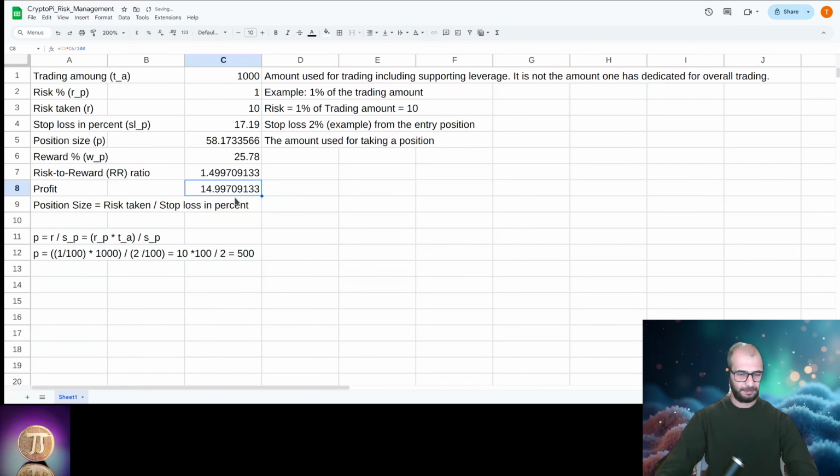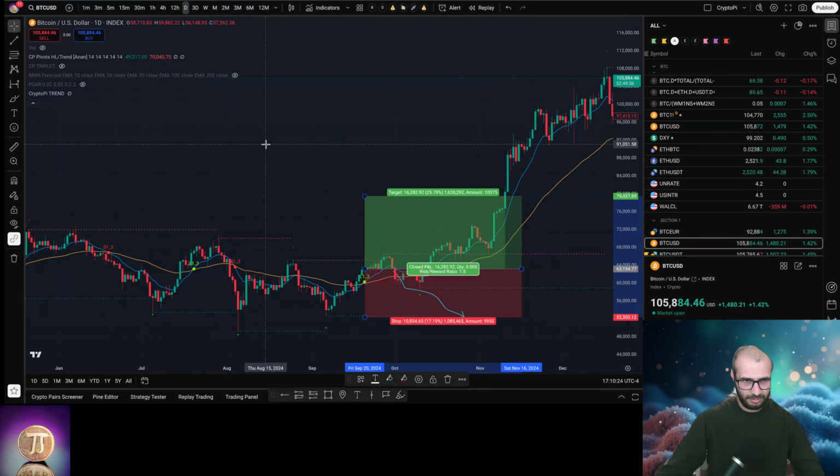So this will be my profit. So on taking just $58 and taking reward at 25%, I already gained $15.